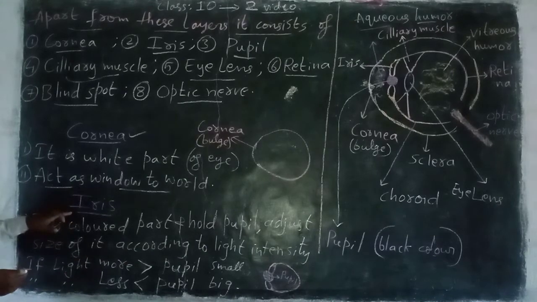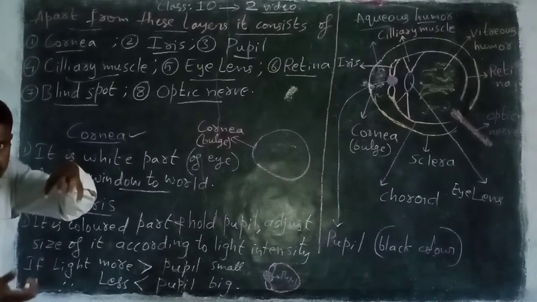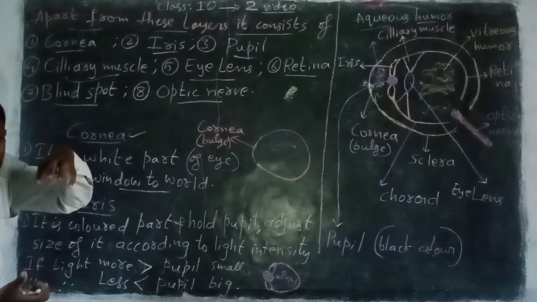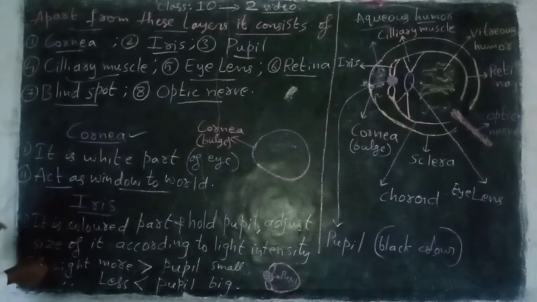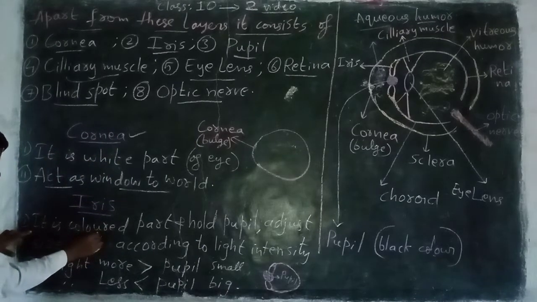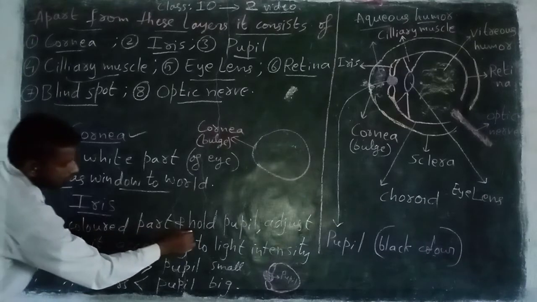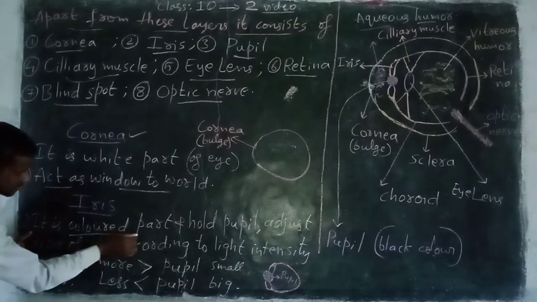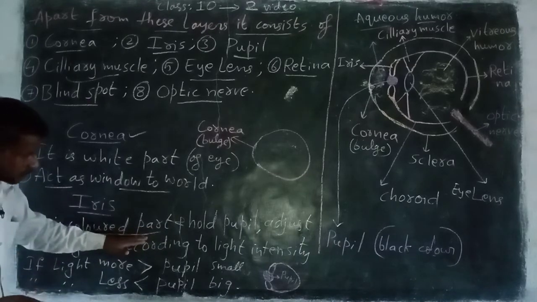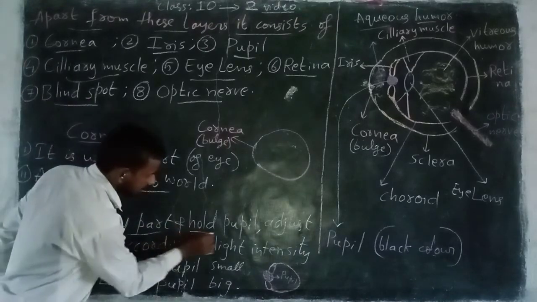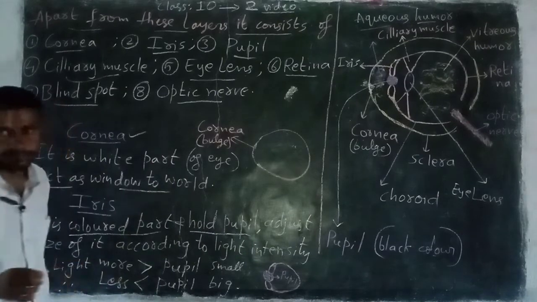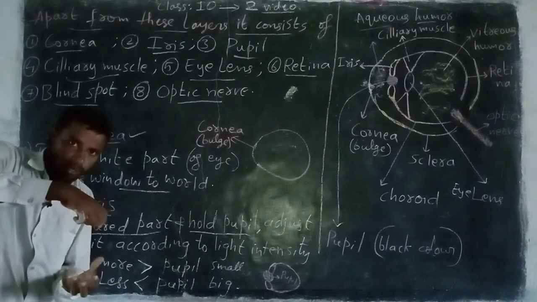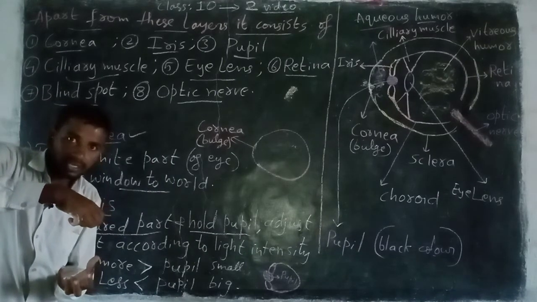Here is the iris, second part. Look here, the iris is holding the pupil. Already I told you, the iris is the colored part, not the white part, and it holds the pupil. Why is it holding?